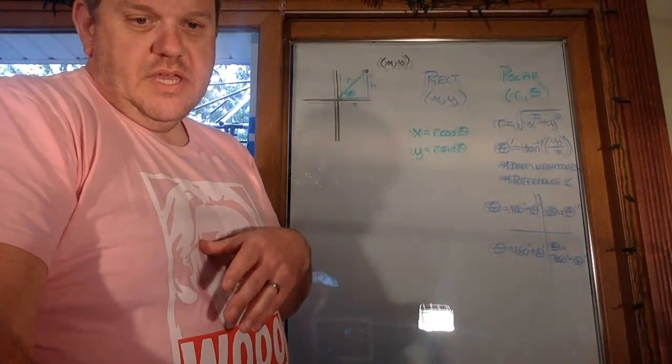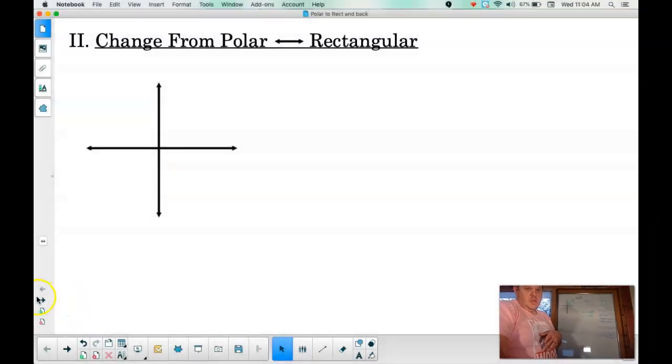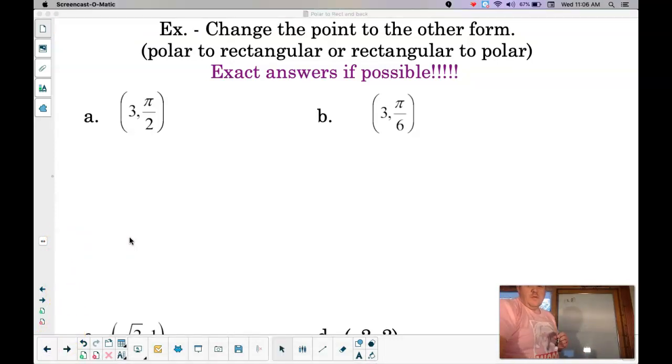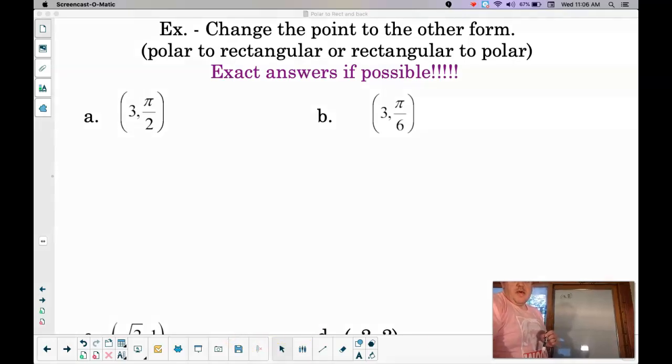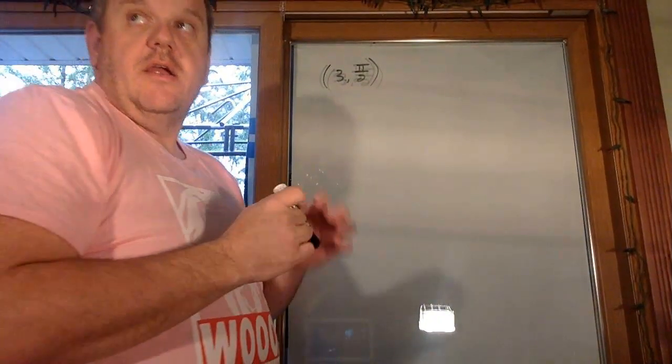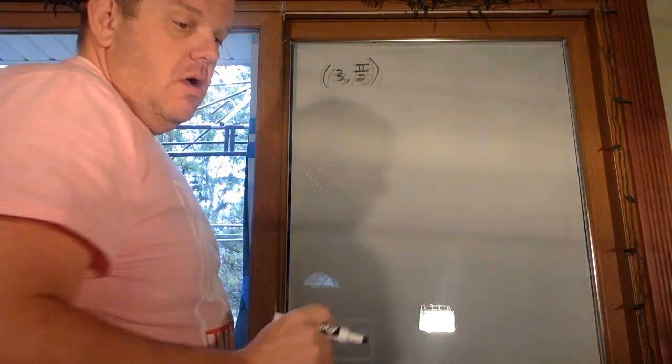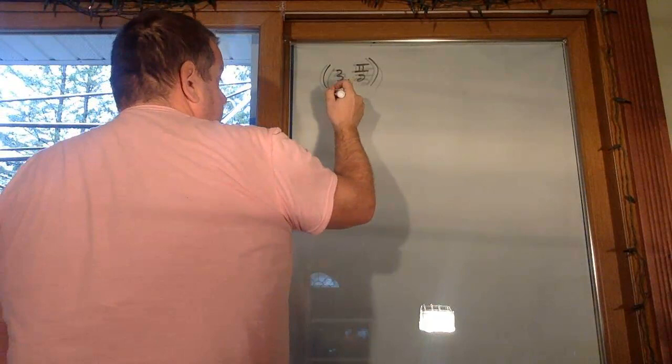So, oops, I got to go this way. So the first one is 3 comma pi over 2. Okay, so we've got 3 comma pi over 2. Switch back here. Okay, that I know is in polar form.